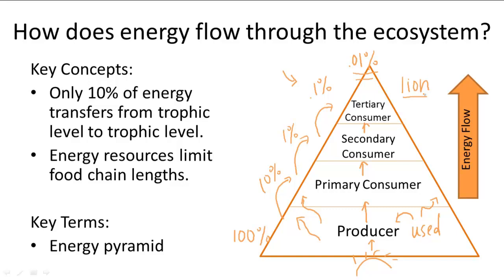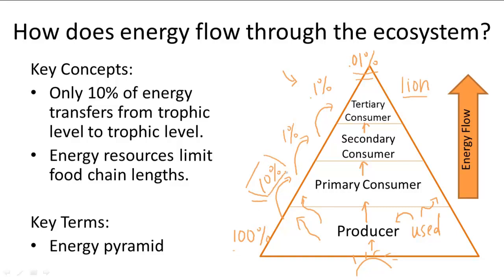This is interesting because you can connect it to the human diet as well, and many studies show that eating more vegetables provides a more energetic diet. And one way to look at that is because humans are essentially primary consumers when they eat vegetables, and secondary or tertiary consumers when they eat meat. And as we just learned, primary consumers have a more efficient intake of energy.